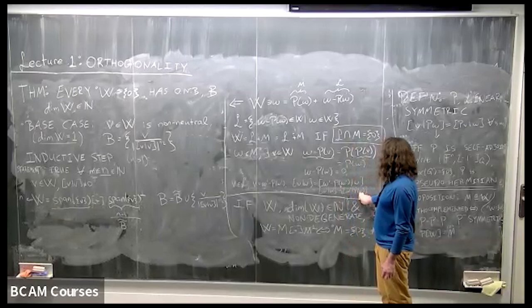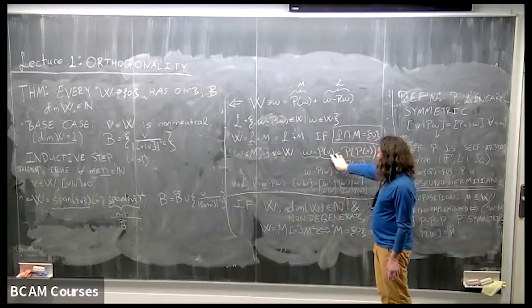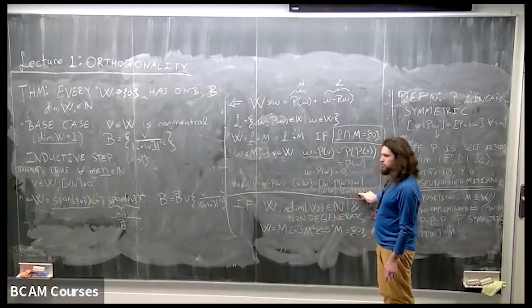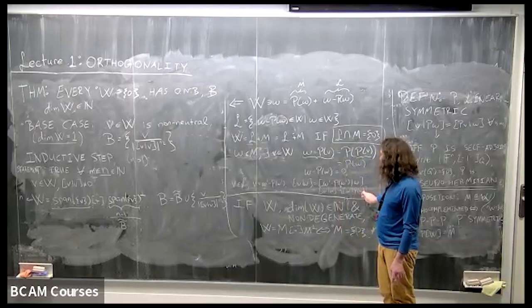Now, since w is in the subspace M, which is the image of the projector, this argument has already established that I don't have to apply the projector in this. The w is equal to P of w.